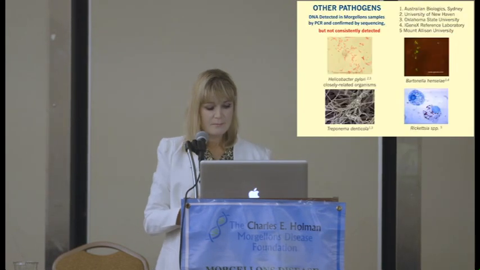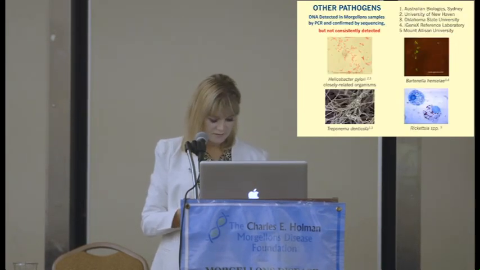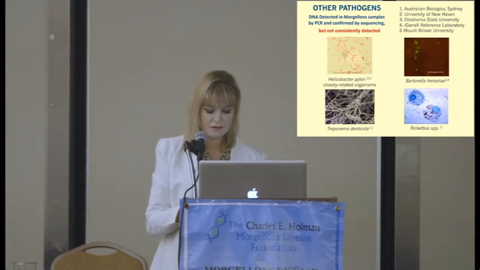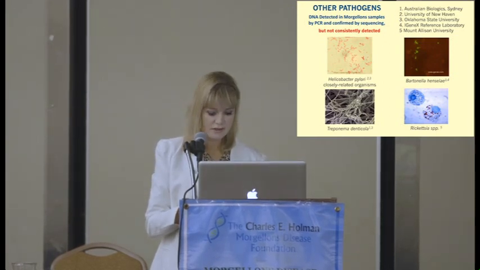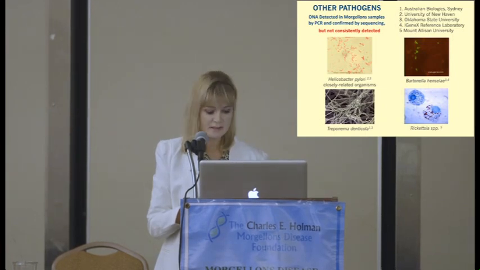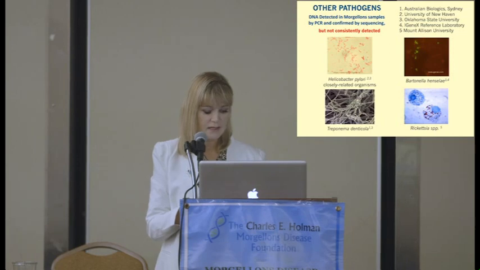So we have found other pathogens, and others have found pathogens in Morgellons tissue by PCR technology, which detects DNA followed by sequencing. And these include another spirochete, Treponema denticola, and this was detected by Australian Biologics and by Oklahoma State University.